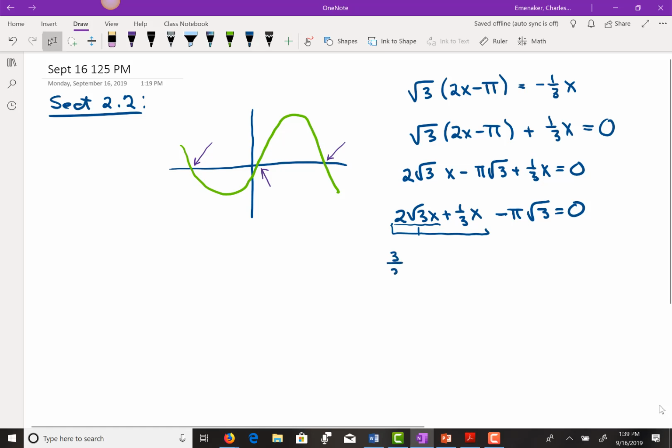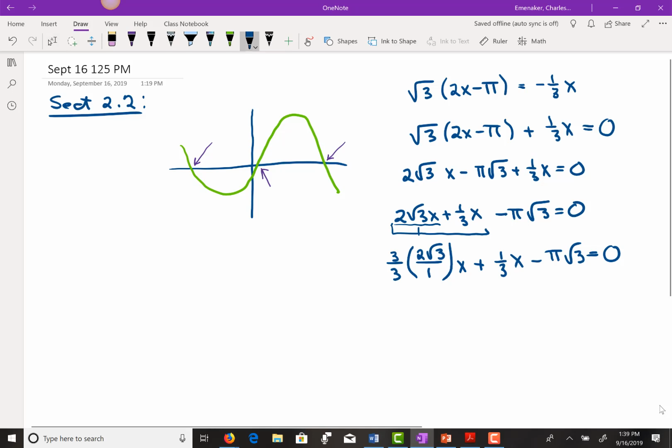So we're going to have 3 over 3 times this 2 square root of 3 over 1 x plus 1/3 x minus pi square root of 3 equals 0. Does that make sense, what I did on that first term? I'm working toward getting a common denominator of 3.